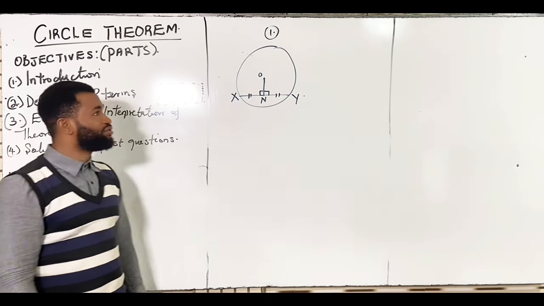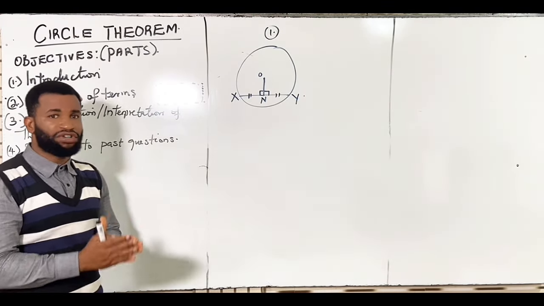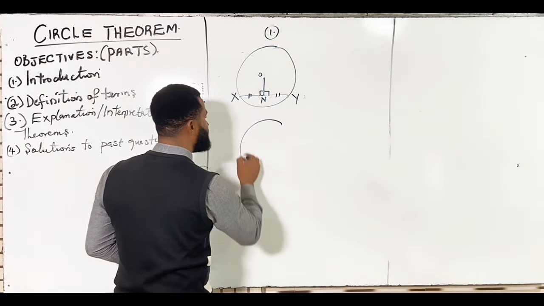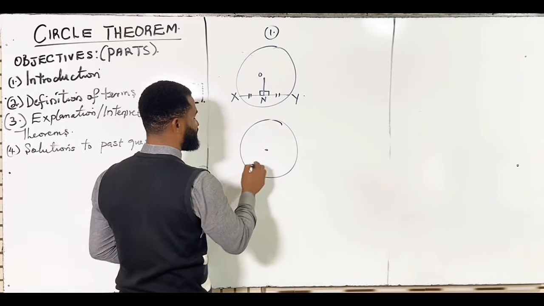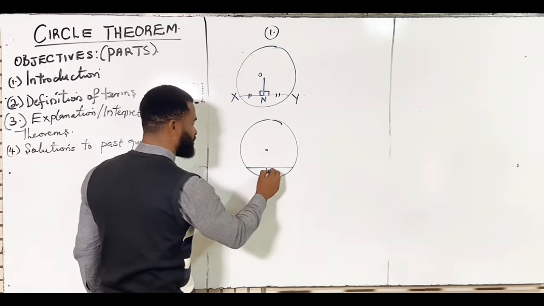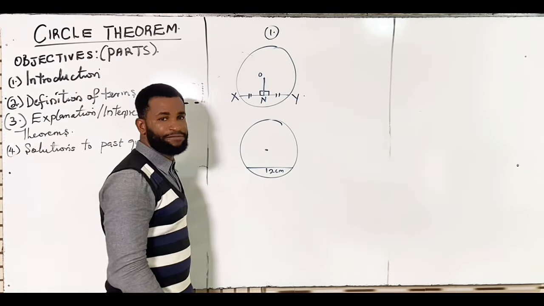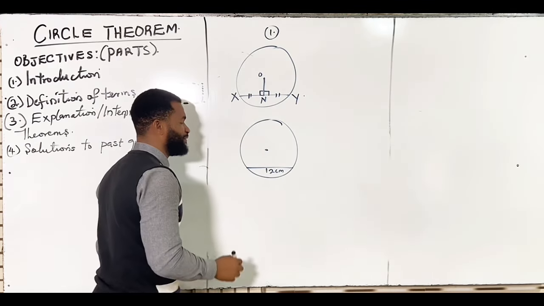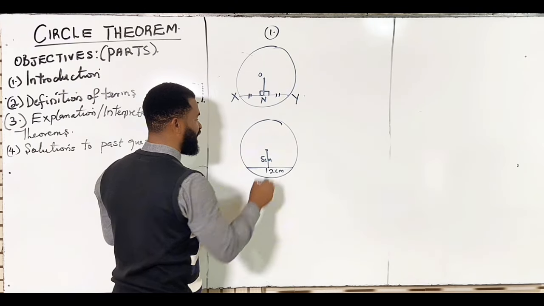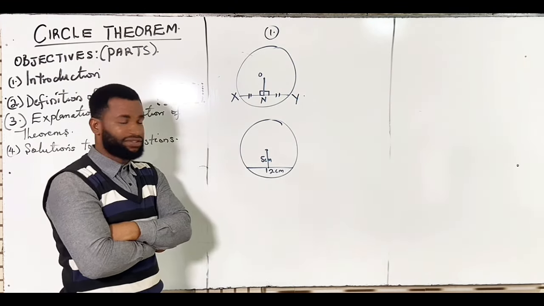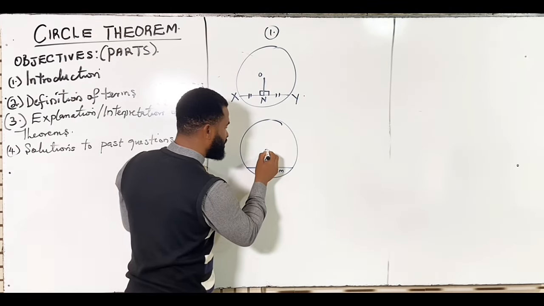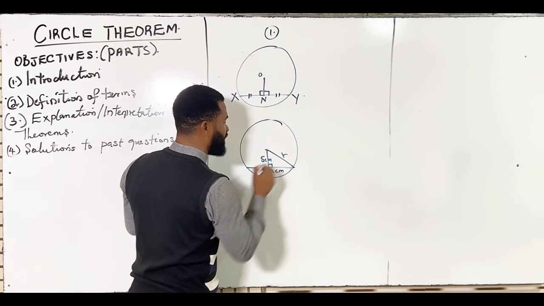I don't know if we are going to solve questions from each of the laws, so you need to pay attention to the laws. That simply means that if I have a circle and a line, which is the chord, and I'm given 12 cm for the chord, and a line from the center to the chord is, let's say, 5 cm, and I am asked to find the radius of the circle, all I'm going to do is, this is 90 degrees. This one, being the radius, I don't know.